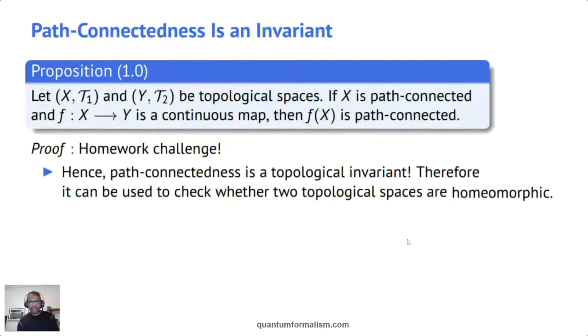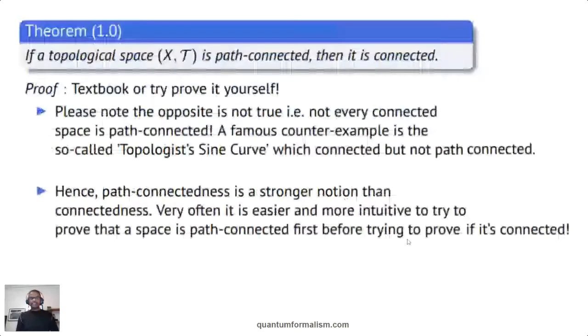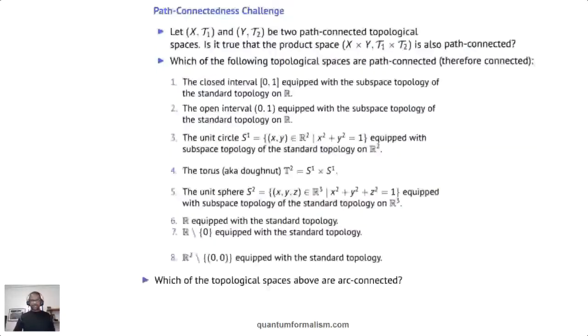Okay, so here's a challenge. I really encourage you, even if you struggle to do it yourself, even if you have to look at the study materials, to make sure that you understand exactly why some of these spaces, hopefully, are path connected, and maybe others are not.